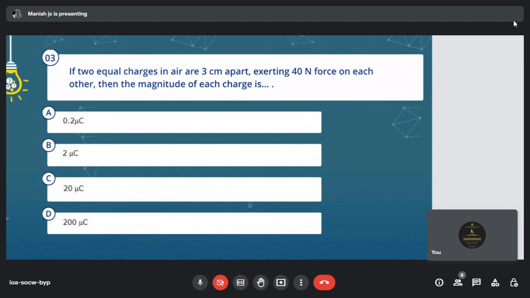So if you have your book, you can work it out and then give me the answer. Yes, anybody got the answer for this?